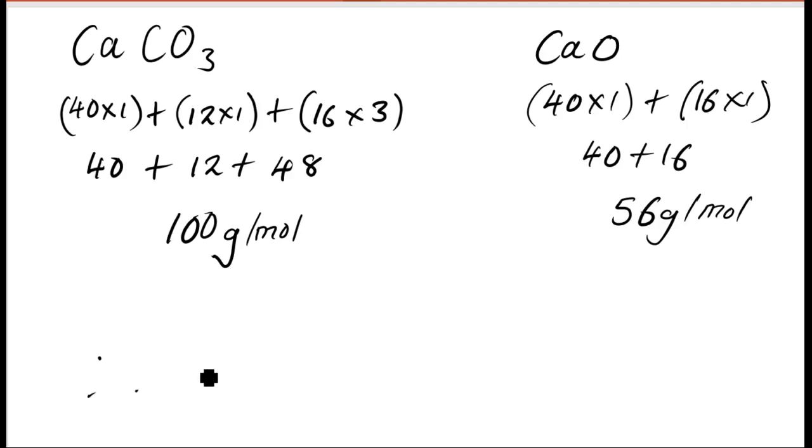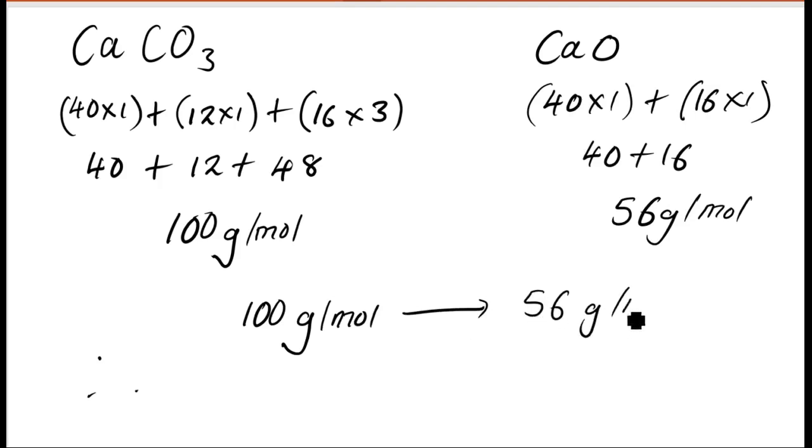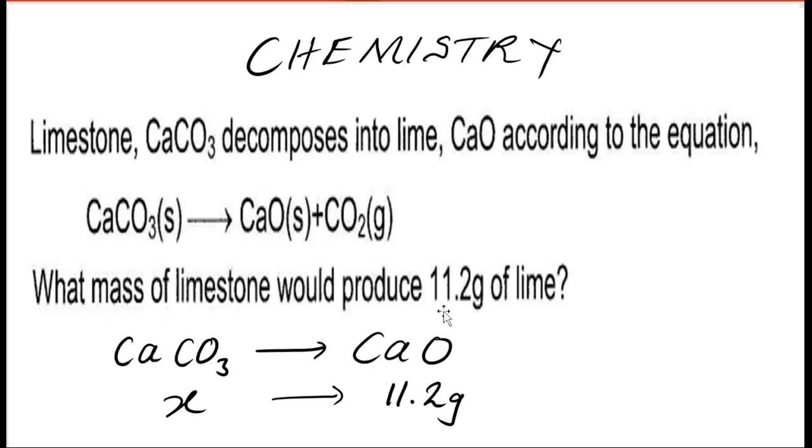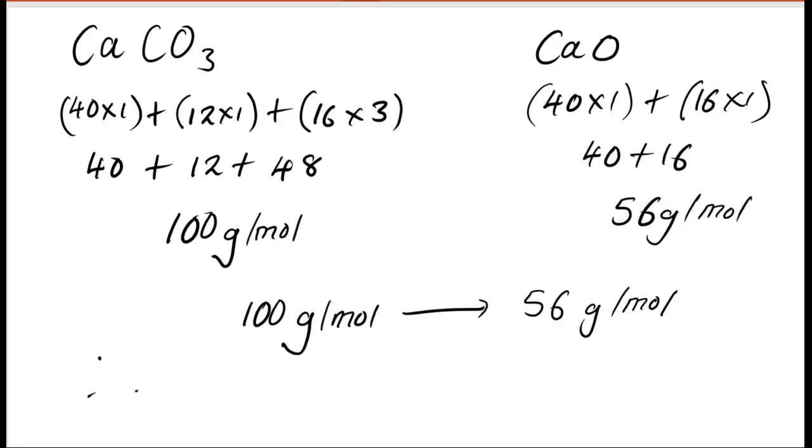We can therefore say if calcium carbonate has 100 grams in terms of its molar or formula mass, calcium oxide has 56 grams per mole. And in the question they've said the mass of lime or calcium oxide that was produced was 11.2. So we're going to get this 11.2 and put it here.